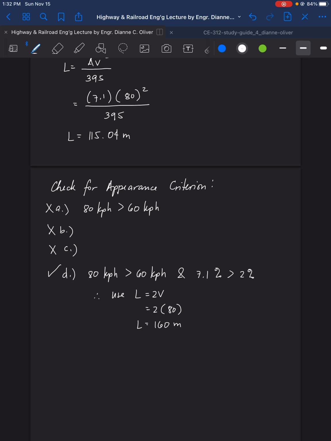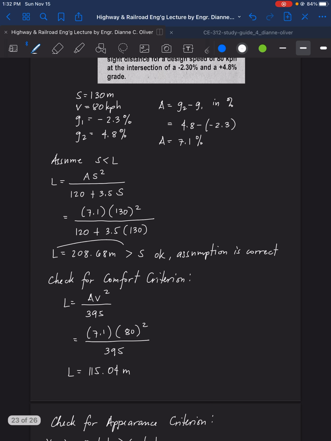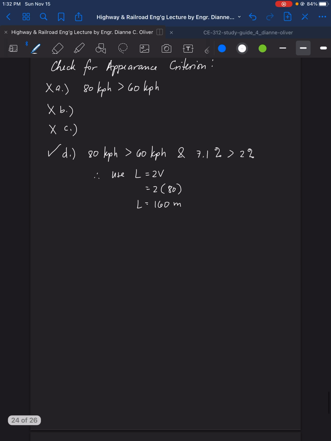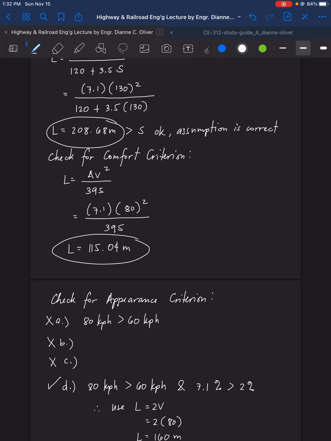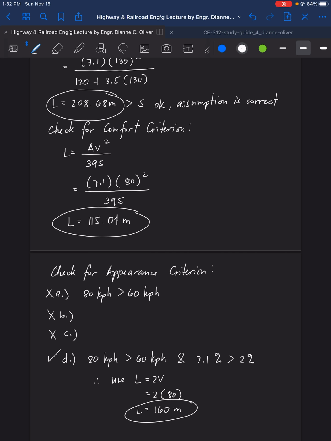So we have here three values for L. The first one is 208, the second one is 115, then the third one is 160. So which among these three will we use for the length of the vertical curve?